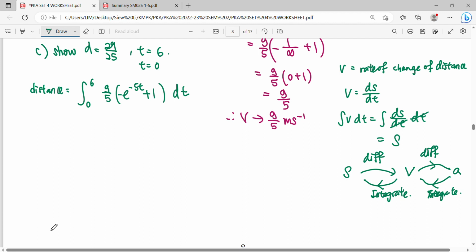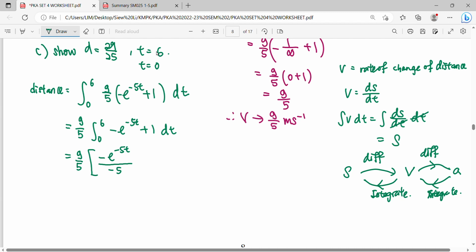Okay. Because it said in 6 seconds, it means from t equals 0 until t equals 6. Okay, so integrate this. Identify your constant. Your variable is t, right? So the constant g/5 we factorize out, so that we don't get confused. You are going to integrate with respect to t. So integrate e, copy back, divide by negative 5, correct.